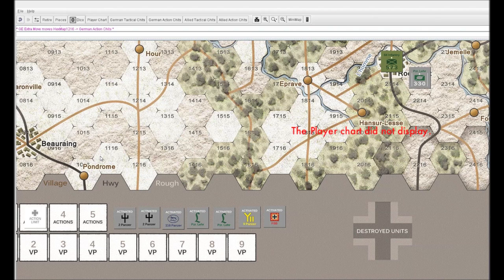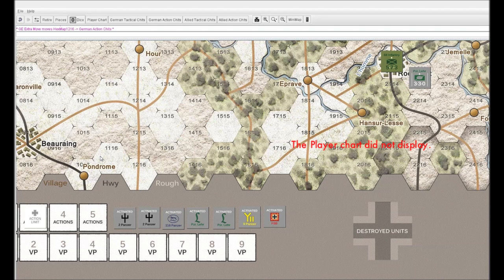So you can see here on December 23rd, the Panzerlehr and the 2nd Panzer each get one action chit in the pool. Notice on December 24th that Panzerlehr and 2nd Panzer have two chits they place in the pool along with one from the 116th. So what that means is the 2nd Panzer or Panzerlehr has the potential to actually move twice during one turn.